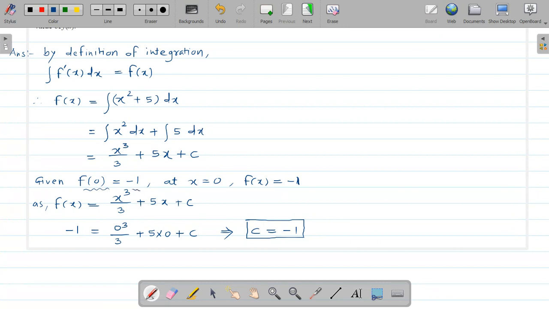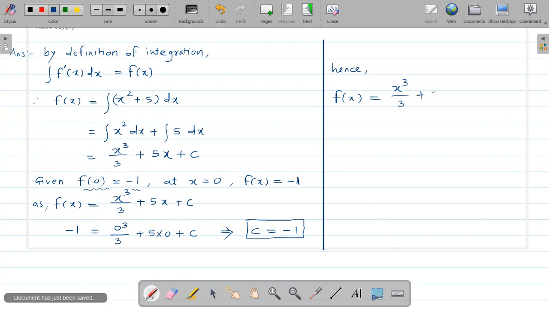Now after getting the value of c, you can write the last answer, that is f of x. Hence we get f of x is equal to x cube upon 3 plus 5x minus 1. So this is our last answer, remember.